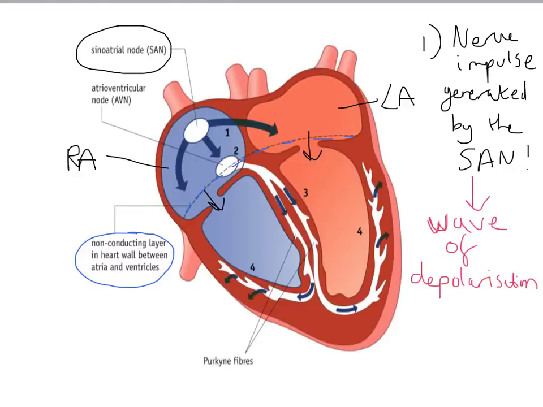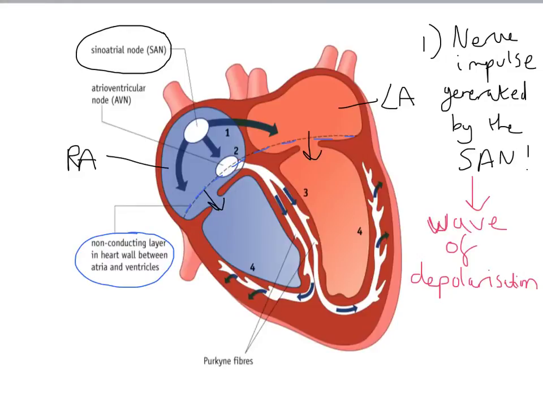So as they're filling with blood, that impulse, without that non-conducting layer, would pass straight to the ventricles and they would contract. So they would be pumping out blood when they haven't fully filled. It would be ineffective and actually dangerous. The heartbeat would just become irregular and you wouldn't be pumping out the volume that is required. So you have this non-conducting layer in the heart wall between the atria and the ventricles to slow that impulse and to ensure that the ventricles fill fully.